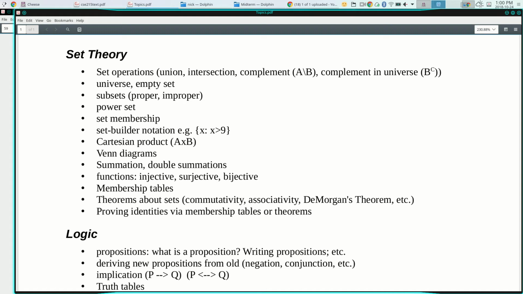Right, so you've done this before. It's just a different domain, but it's basically a parallel domain. So that was pretty much everything from set theory that I think we talked about.